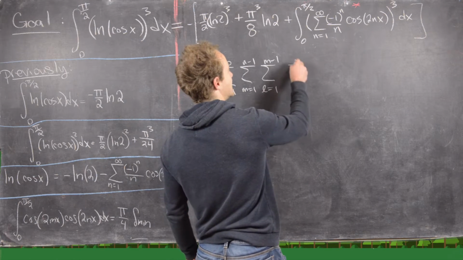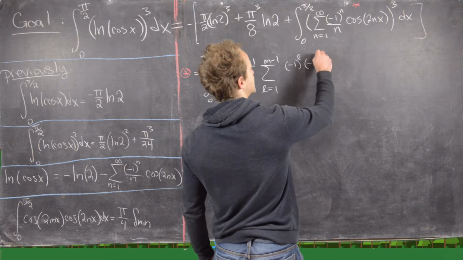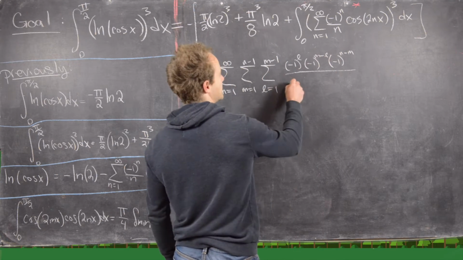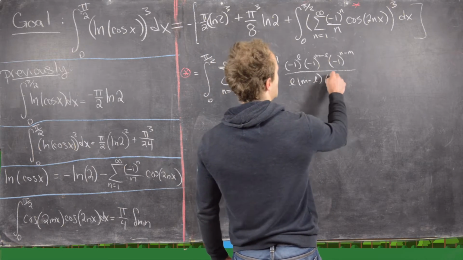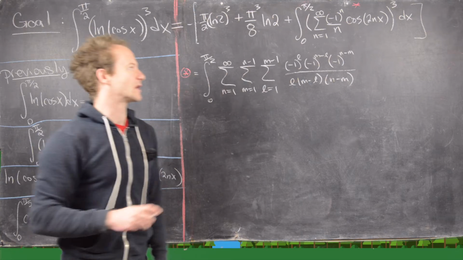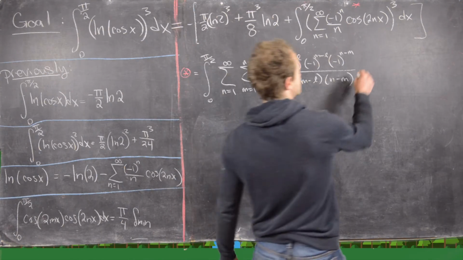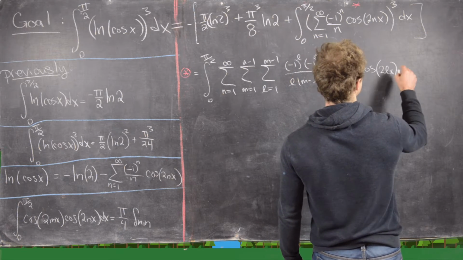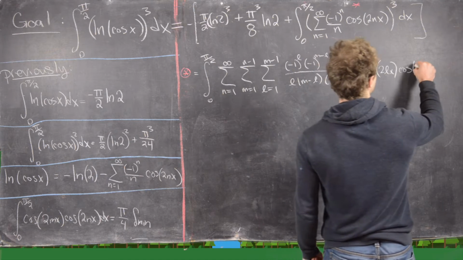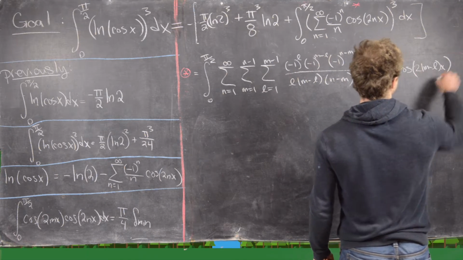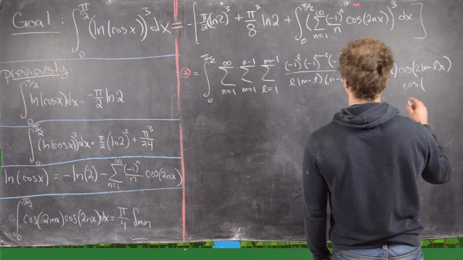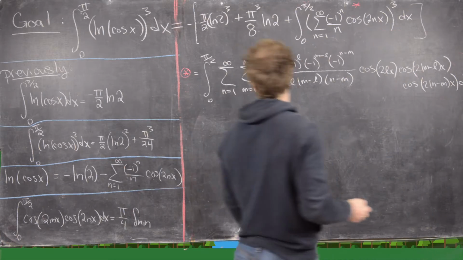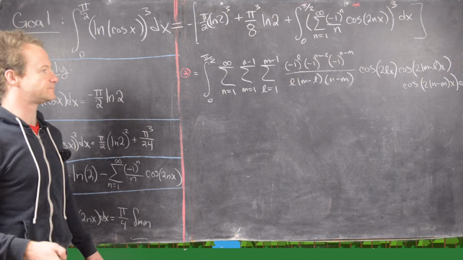And so that's going to give us minus 1 to the L, minus 1 to the m minus L, and then minus 1 to the n minus m, over L, m minus L, and then n minus m. And then we're going to have the same thing for the cosines. So we're going to have a cosine of 2lx, cosine of 2(m minus l)x, and then finally cosine of 2(n minus m)x dx. So that is what we need to calculate.